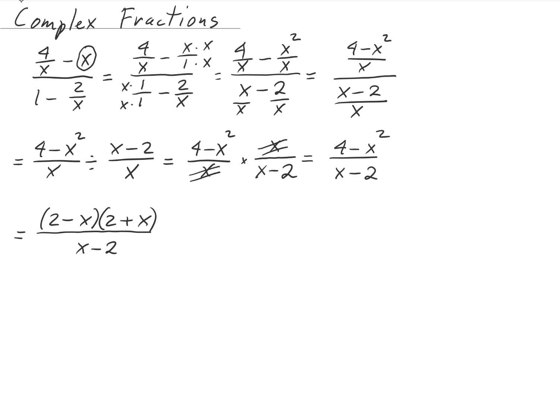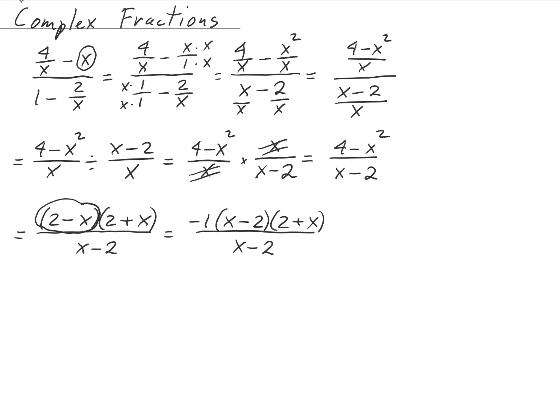But we can modify this 2 minus x on the top. We can factor a negative 1 out of that and write that as -1 times x minus 2. And then we have that 2 plus x over x minus 2.